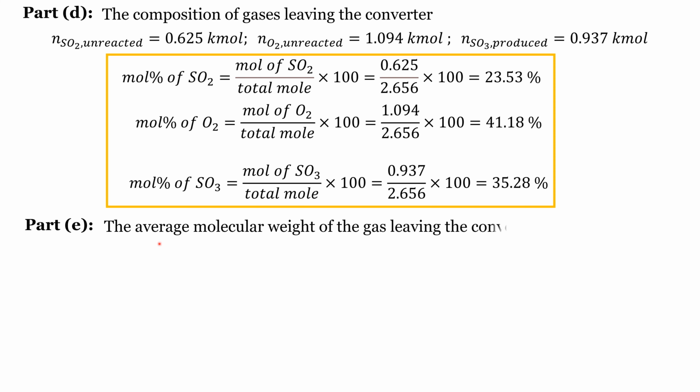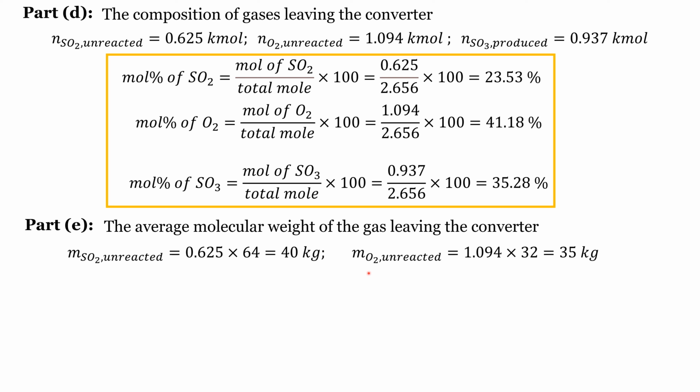Now in part E, we need to find the average molecular weight of the gas leaving the converter. Once we know the total weight and total moles, we can find the average molecular weight of the gas. So we need to find the mass. Mass of SO2 unreacted will be equal to moles of SO2 into its molecular weight. In the same way, we can find the mass of O2 unreacted.